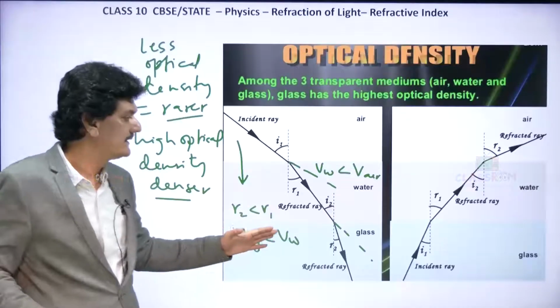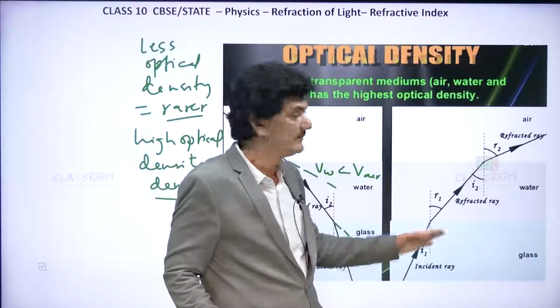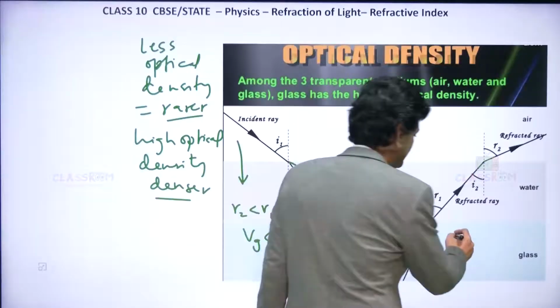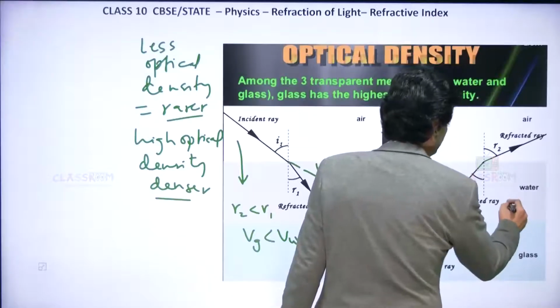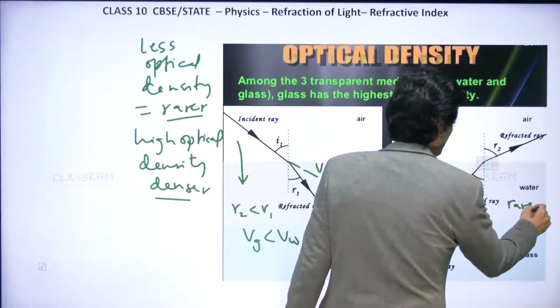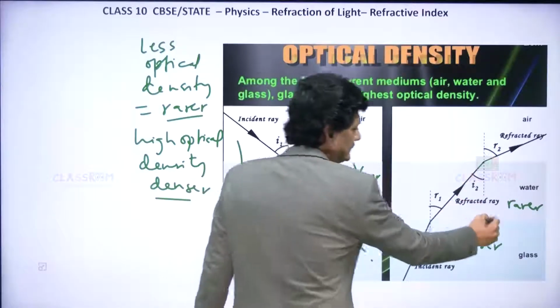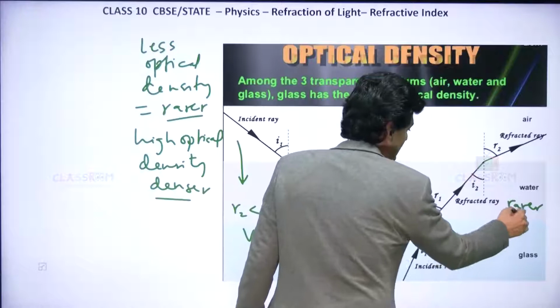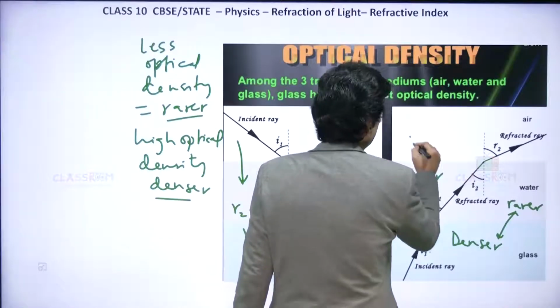Now what we have done is transmit light from a denser medium to a rarer medium. This is optically denser, this is rarer and this is more rarer. When we compare these two, this is denser and this is rarer.